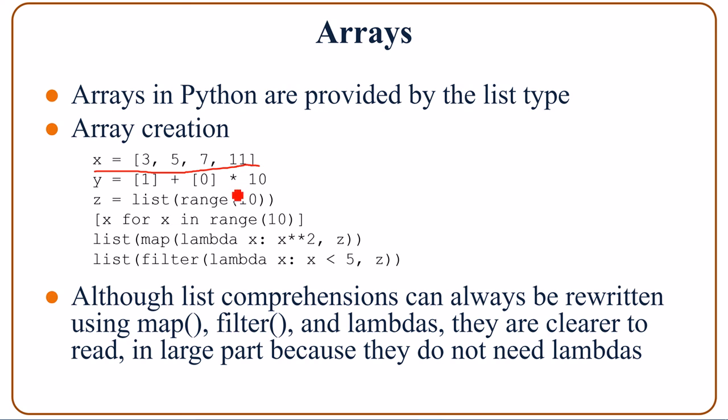Let's say we want it repeated 10 times, and we write 0 times 10, and probably we would want to have the first element as 1. So this would return an array with the first element as 1 and the next 10 elements as 0. And then we assign the variable y to it.